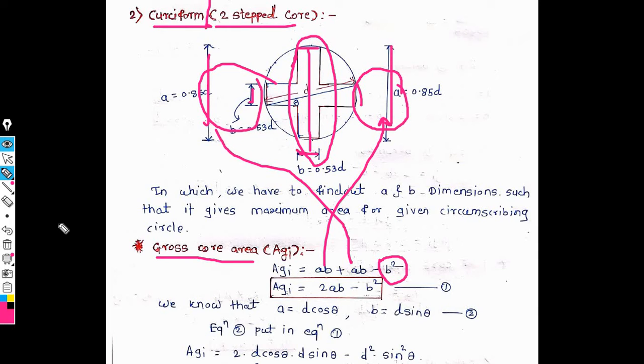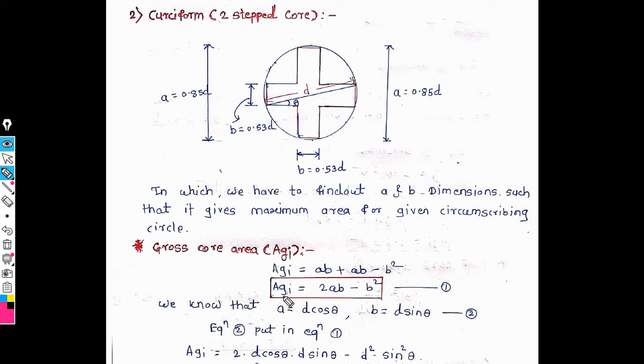Now the next equation: AGI equals the addition of both terms, that is AB plus AB, which is twice AB, minus B square. Now we take this angle theta from this triangle, and this is the diagonal.